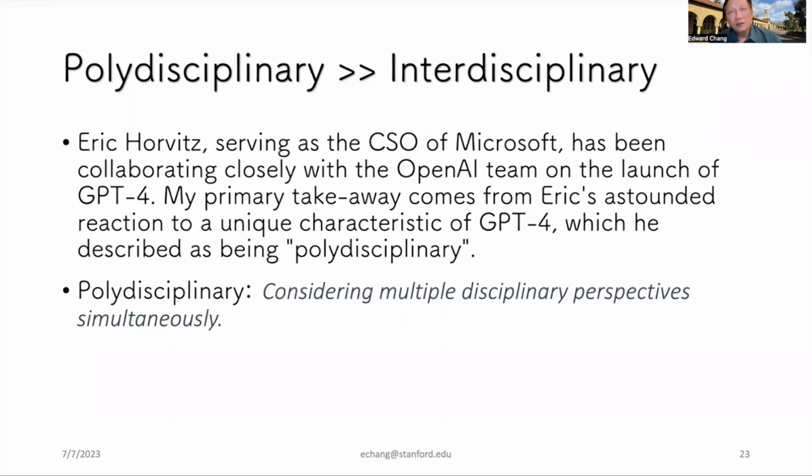We have never told GPT-4 this set of documents belongs to physics and those are for economics, right? GPT-4 just lumps everything together. So the features it learns, and the heuristics and knowledge it possesses, are polydisciplinary.